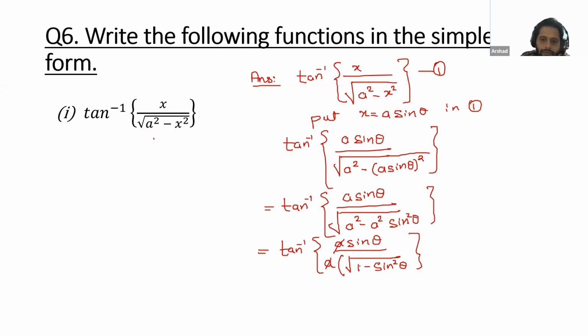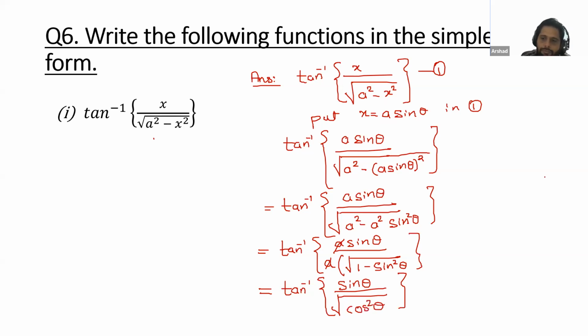Then who can tell me, Josefa, what is this under root 1 minus sine square theta? Apply the basic identity, sine square plus cos square is equal to 1. So what we will get in the denominator, Josefa? Very good. So we will get a cos square theta.